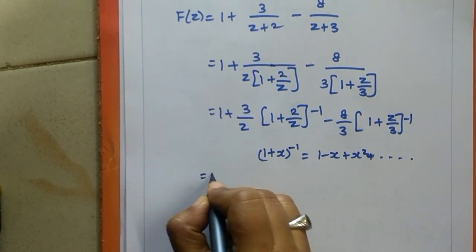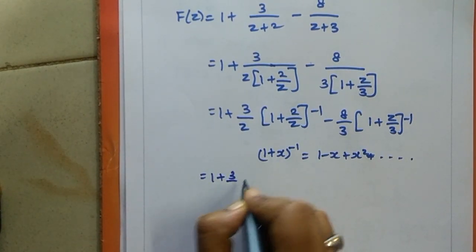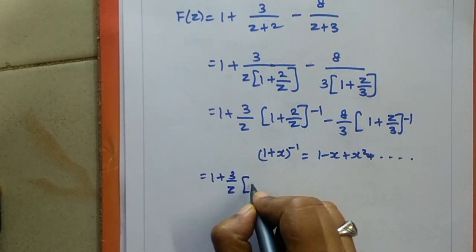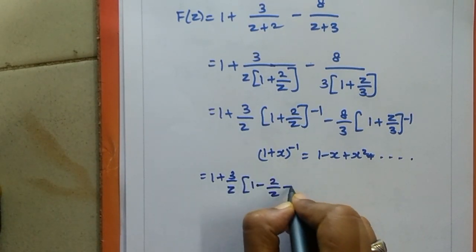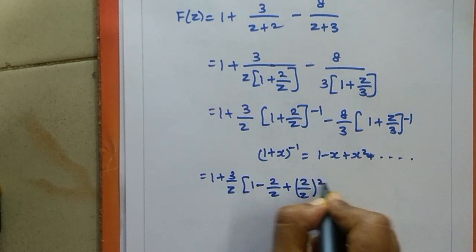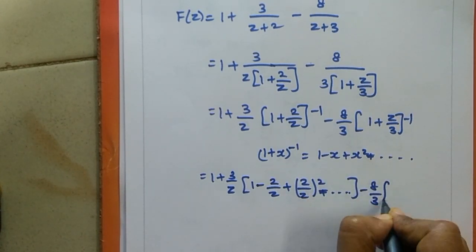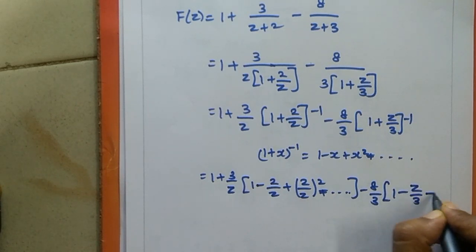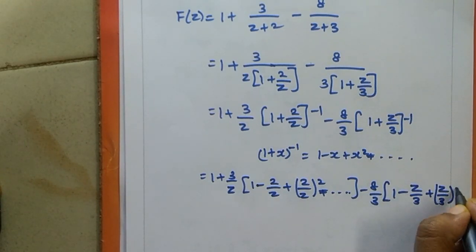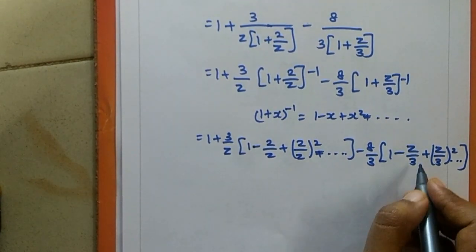Expand this: 3 by z into (1 minus 2 by z plus (2 by z) square), minus 8 by 3 into (1 minus z by 3 plus (z by 3) square). In terms of x, we have z plus 3 here.